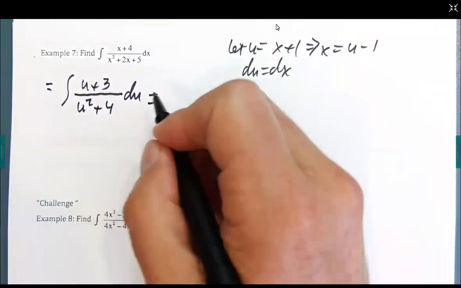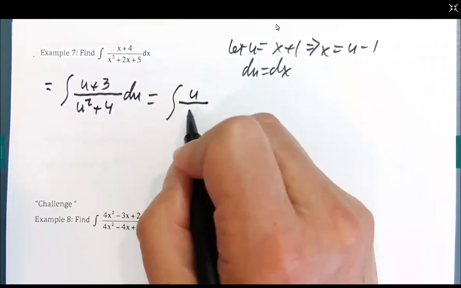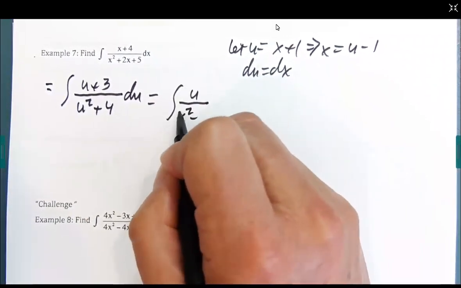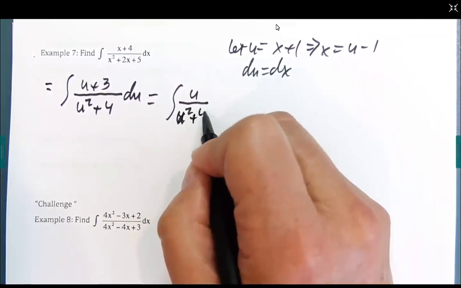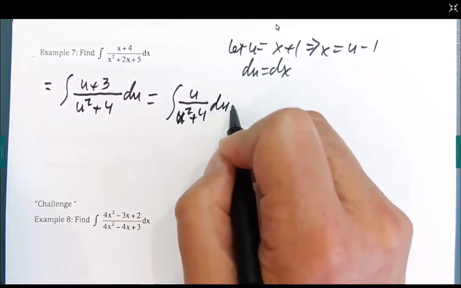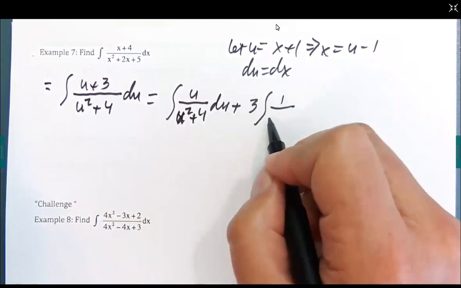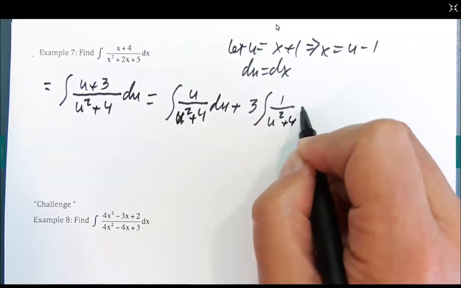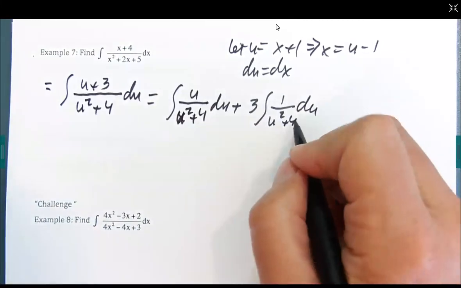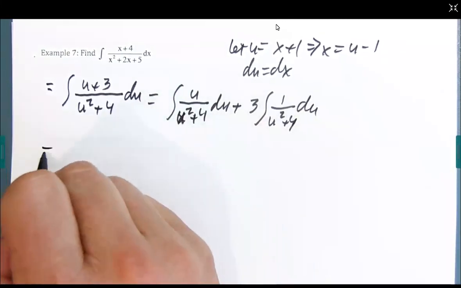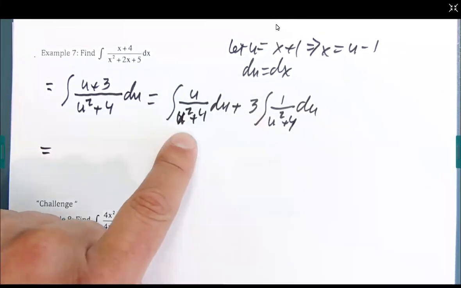And this once again gets broken up. Integral of u over u squared plus 4 du plus 3 times the integral of 1 over u squared plus 4 du. And we've already done similar integrals here.